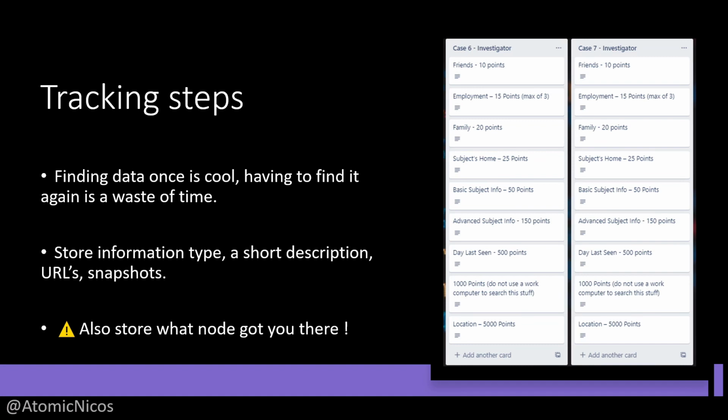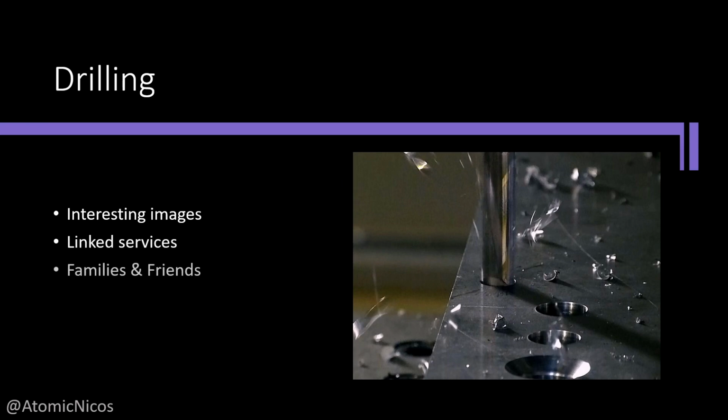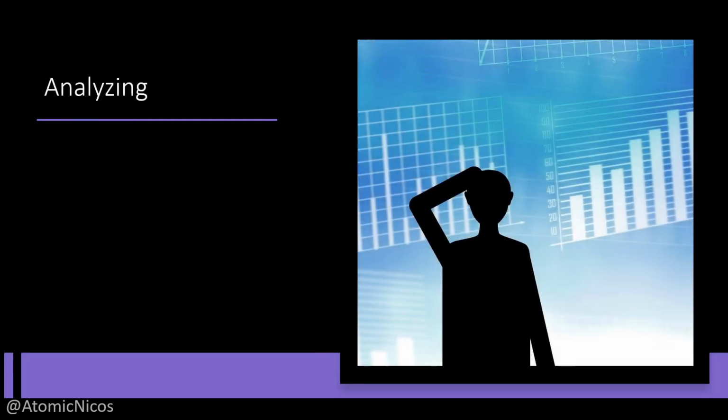you need to drill down on what you have, right? So drilling, it's, for example, finding interesting images, services they've linked to their accounts, families and friends, once again, people of interest, once again, potential offenders, right? That's one of the steps. Then you're analyzing, right? So finding distinguishing marks, once again, tattoos, hair color, body modifications, right?